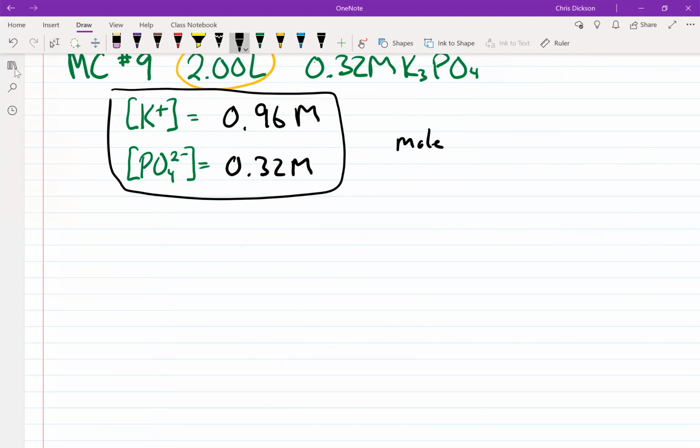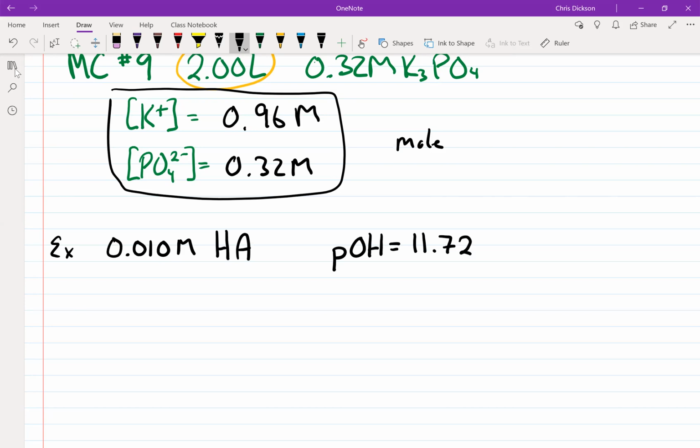Let's say you were told you have 0.010 molar HA, and it has a pOH equal to 11.725. So that's the pOH, 11.725.